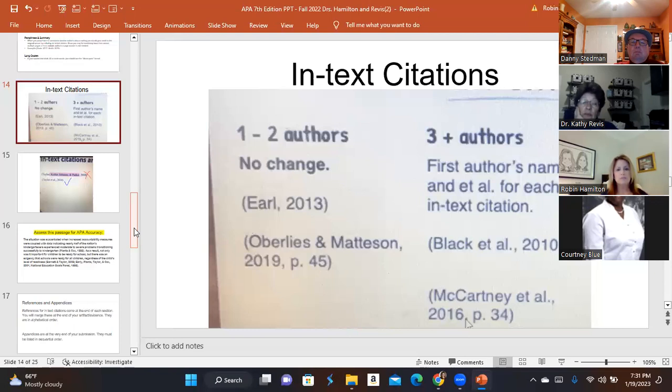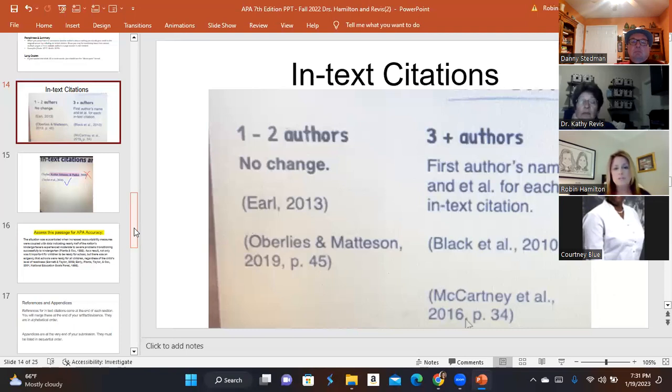The same thing for the one beneath there: Overlies and Matheson, 2019, page 45. That was a direct quote because we have the page, right? When it's inside the parentheses like that, you use the ampersand, not the word AND. If it is not a parenthetical citation, if it's not inside the parentheses, then you write out the word AND.